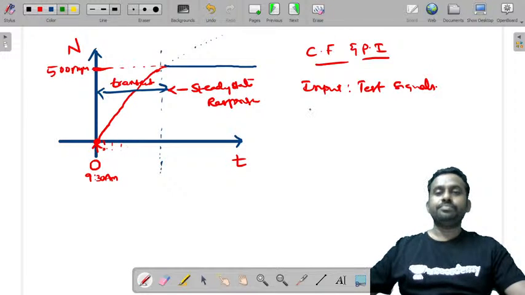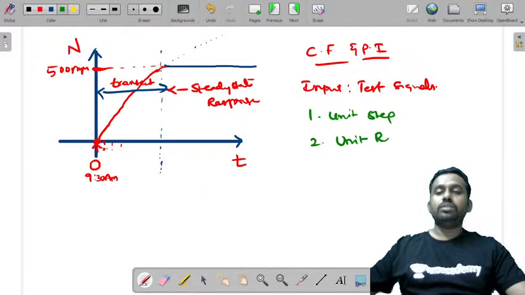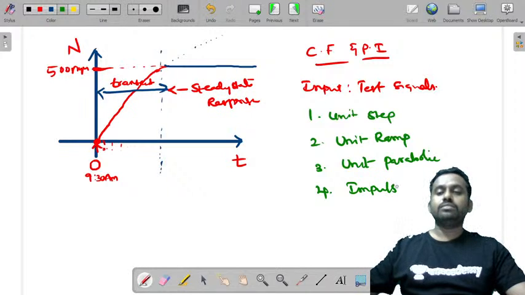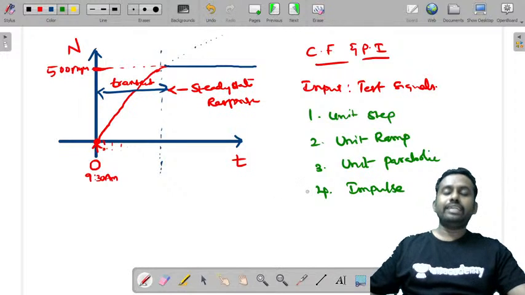We have unit step input, or ramp input or unit ramp input, parabolic or unit parabolic input, and impulse signal. So these are the different test signals that we are going to look into in a very short time.